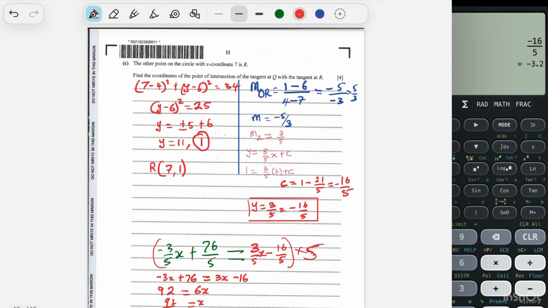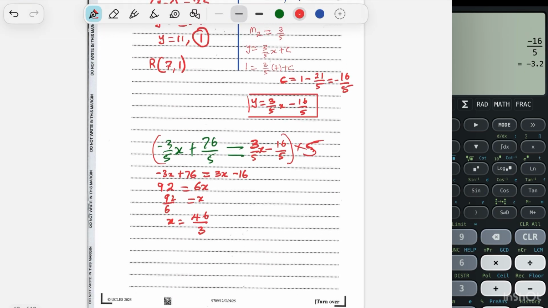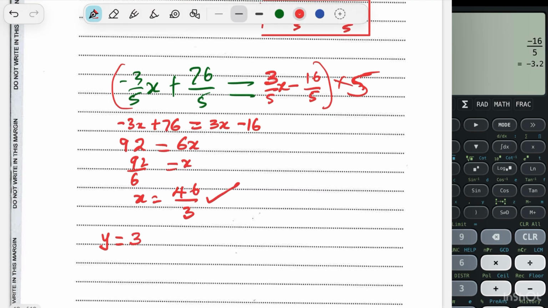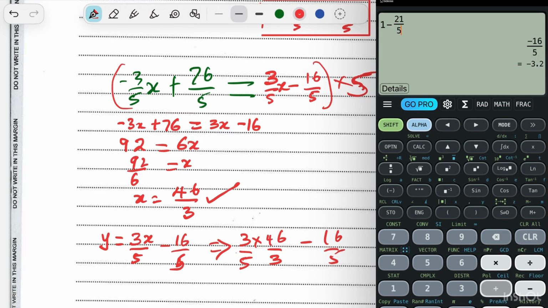What are we finding? We're finding the coordinates of the point of intersection. We've gotten x. To find y, you substitute x into any of the equations: 3x over 5 minus 16 over 5. So this becomes 3 times 46 over 3 over 5, minus 16 over 5.